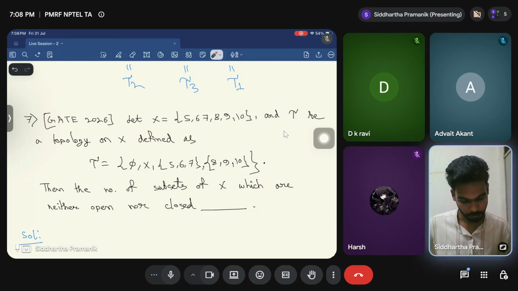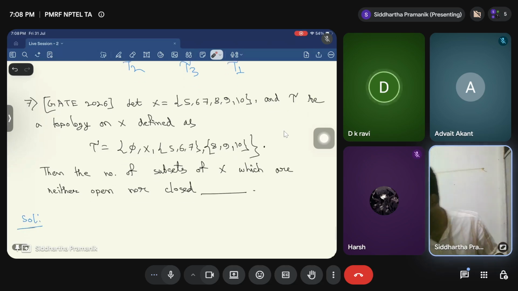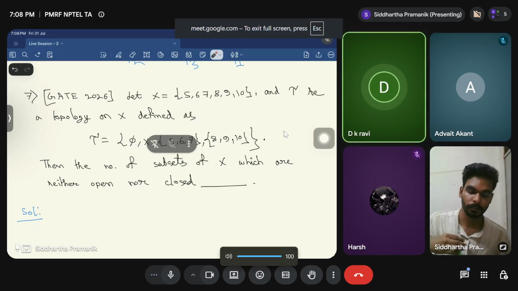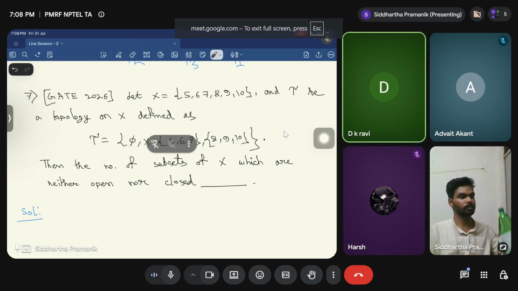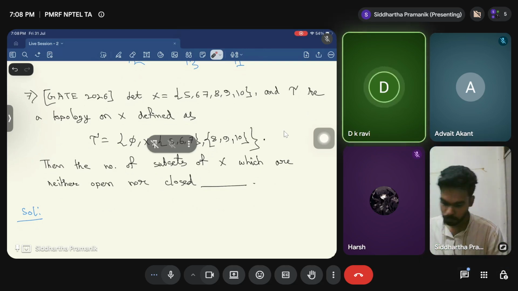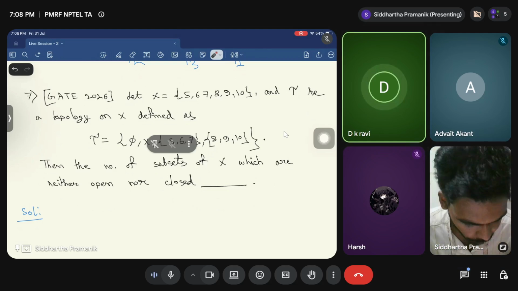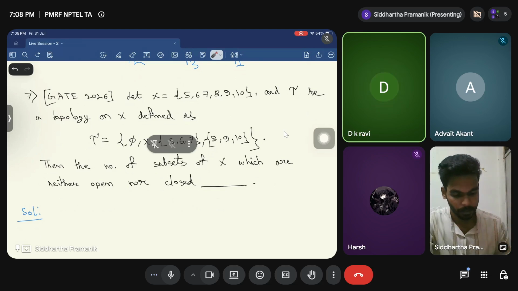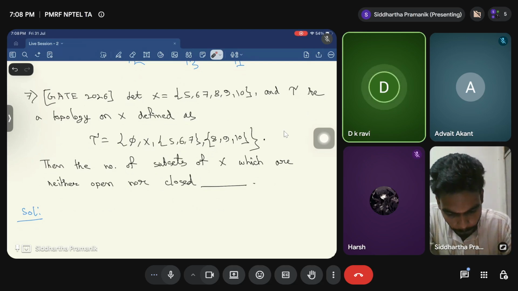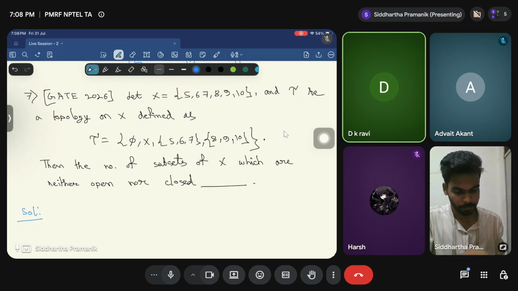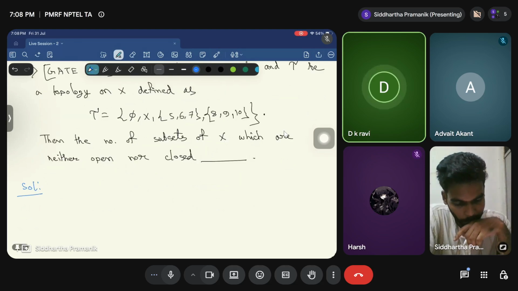Yeah, but how? Sir, since the set contains 6 elements, the total number of subsets will be 2 power 6. Yes, it will be 64. But the open sets here are empty set, X and this one. And if we write the complement of this set, the closed set also will be the same set itself. So 4 sets are both open and closed, remaining 60 are neither open nor closed.